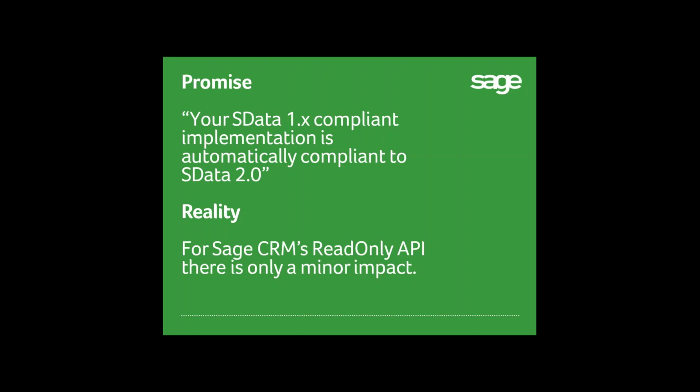So the idea is that an SData 1.1 compliant implementation is automatically compliant to SData 2.0. Now, there's only a minor impact within Sage CRM. There is a reality that there is an impact, but it's only a minor one.